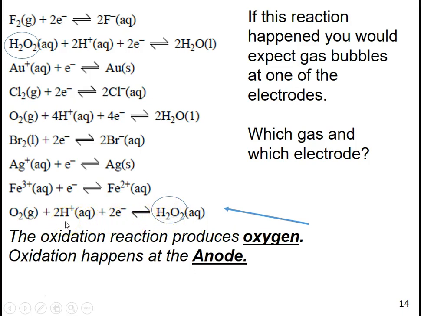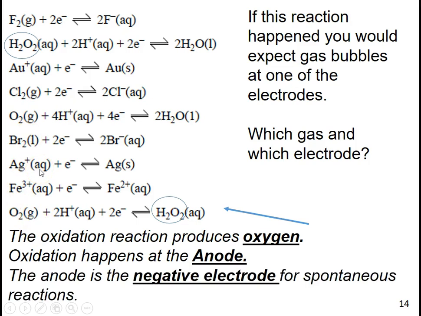An oil rig cat. An oil, oxidation is the loss. So anode is where oxidation happens. So oxygen would be bubbling up from the anode. The anode is the negative electrode for spontaneous reactions. So they could have said what gas is formed at the negative electrode.